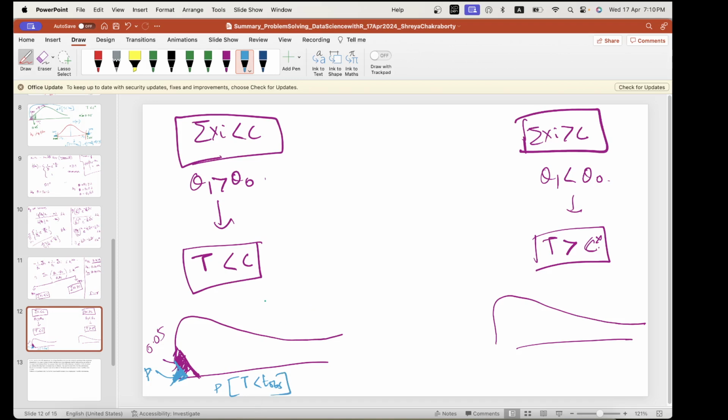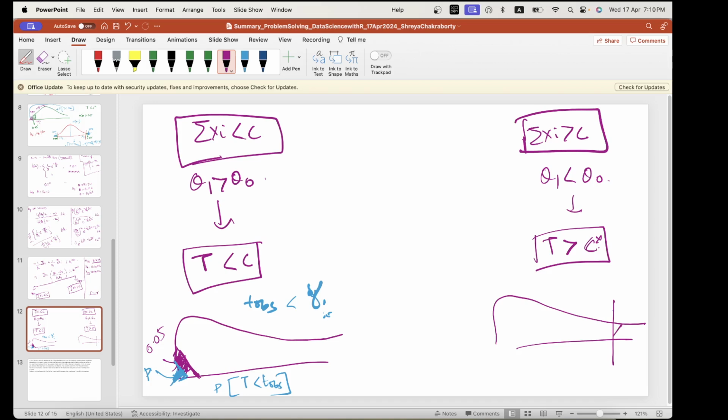Your t observed should be less than your critical point. So this will be some gamma something. And here, if you have t greater than t star, then you have to find this point.